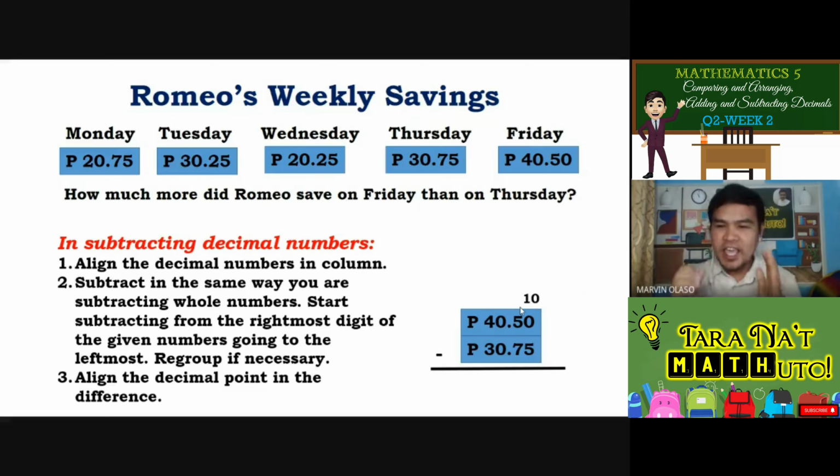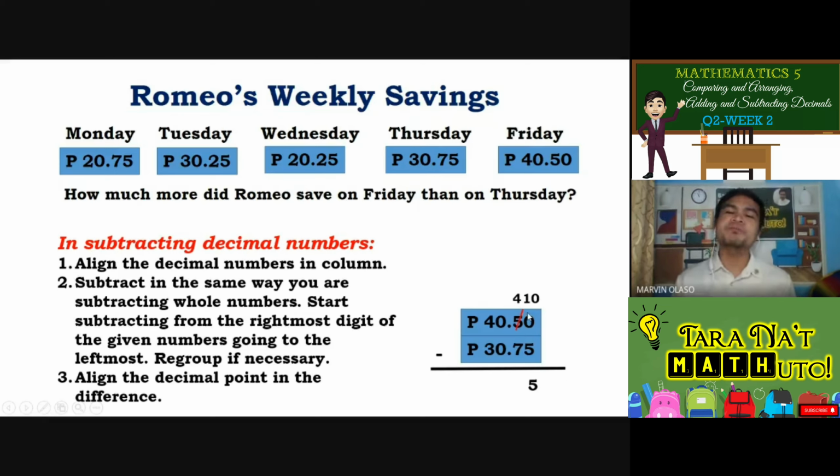Now, since we got 1 tenth from 5 tenths, 5 tenths will become 4 tenths. Did you understand? We get the value from the other digit. Now, can we subtract 5 from 10? So we have 10 minus 5 equals 5.